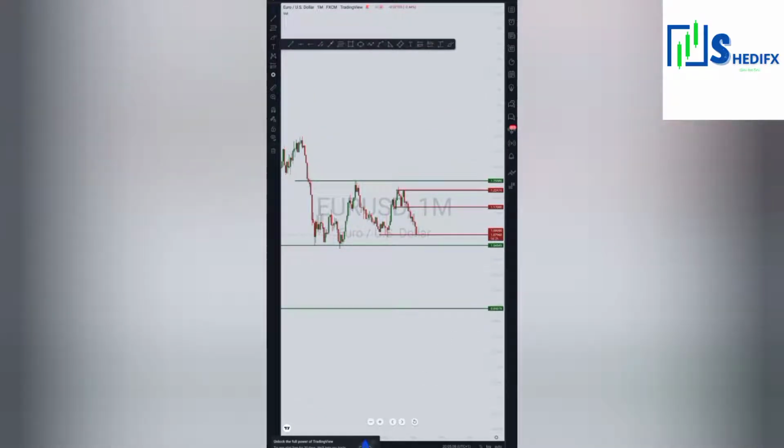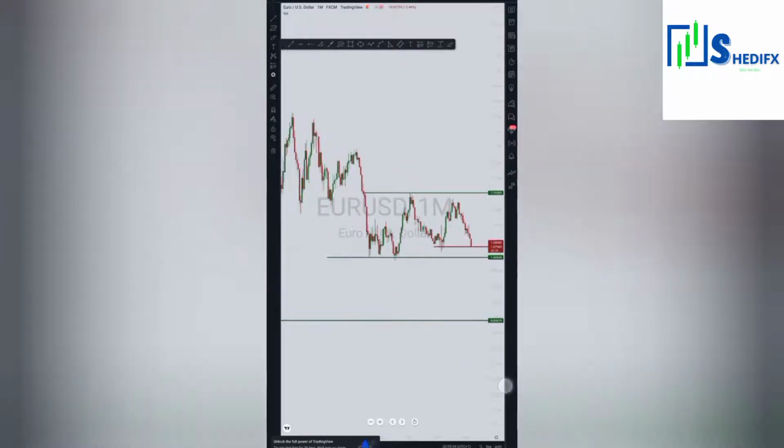As you all know, we always start our analysis from the monthly time frame. This is the EUR/USD monthly time frame.